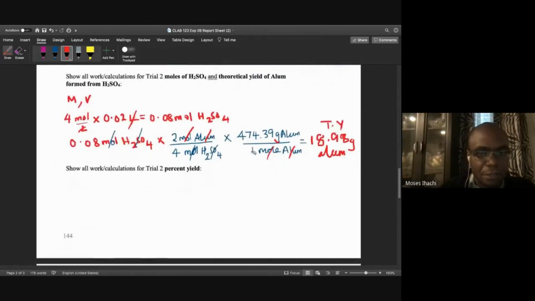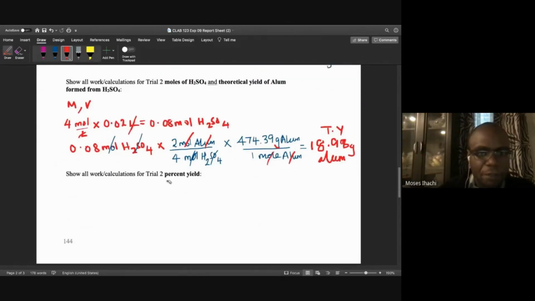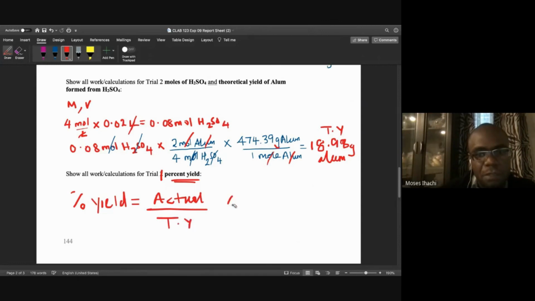So now that we know that, can we find the percentage yield for trial 1? Yes. Percentage yield is given by dividing your actual over theoretical yield, and then we're multiplying by 100.